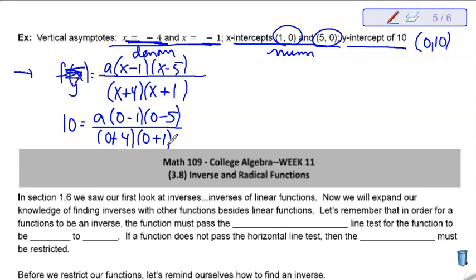So, it's kind of a little bit of a mess here. I get 10 on the left. This is negative 1 times negative 5, which gives me a 5, times A, all over 4 times 1, which is 4. Now, there are multiple ways to solve this equation, but the easiest would be to use the reciprocal to solve for A. You can multiply by 4 and then divide by 5.